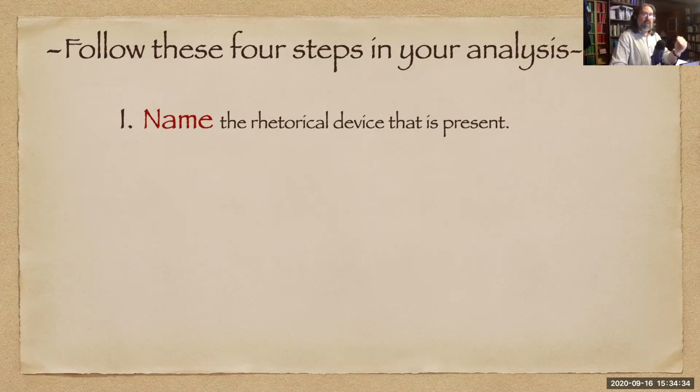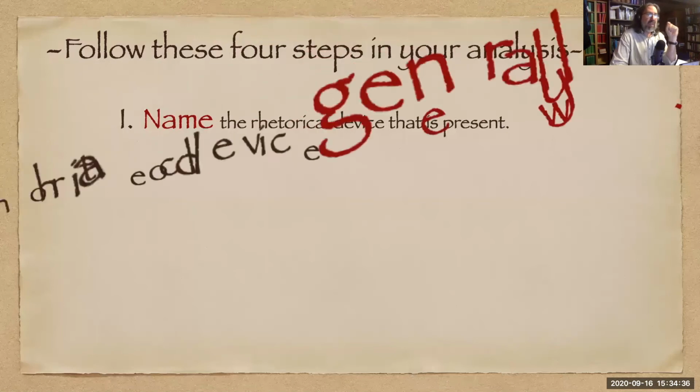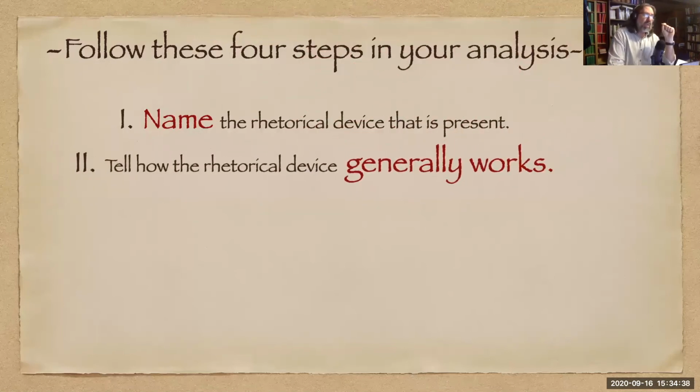Once you've named that device, the second thing you do is talk about how that device generally works. Here you're going to have to do a little bit of background, a little bit of digging, look some things up. What does repetition do? How does it work psychologically?